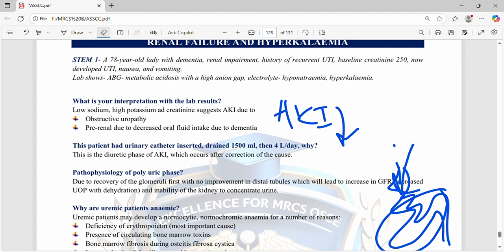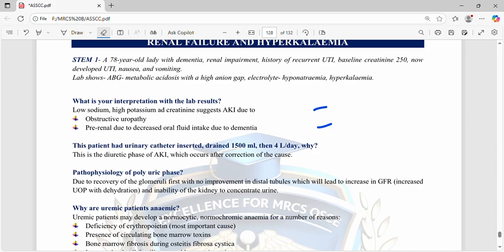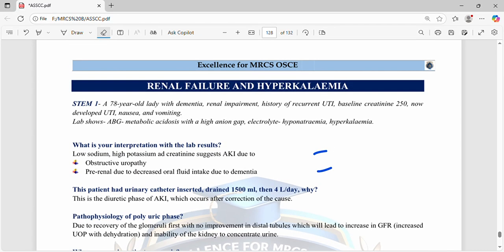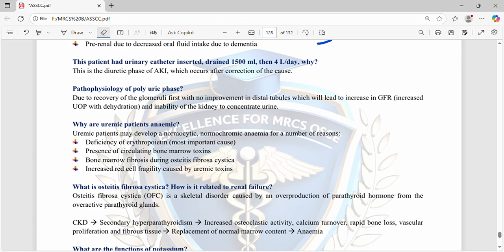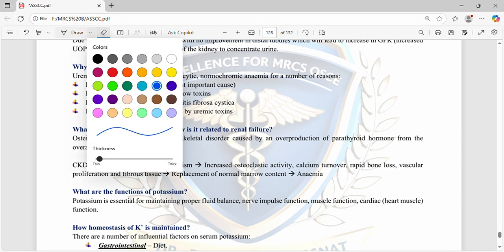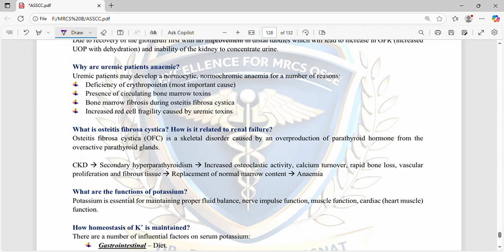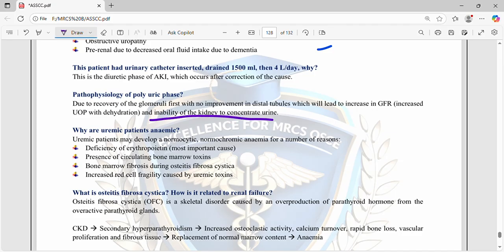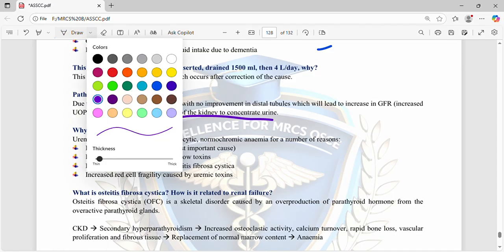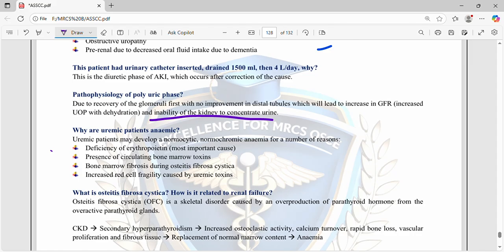So what happens is that they are unable to concentrate the urine, for example, the absorption and reabsorption of fluids and various electrolytes. That's why we have a diuretic phase. This is why the kidney is unable to concentrate the urine, so we have this diuretic phase.